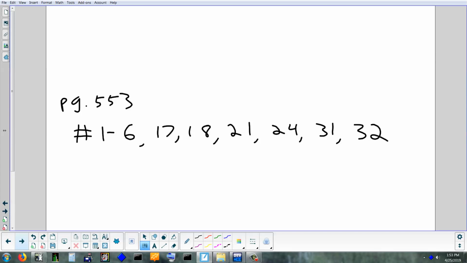I forget which one I got rid of in the other class. Get rid of that one. And I know we got rid of 32. So it might be one problem different than the other class, but it's the same amount of problems. So 1 through 6, 17, 18, 24, and 31. Don't forget, I will be here after school today.